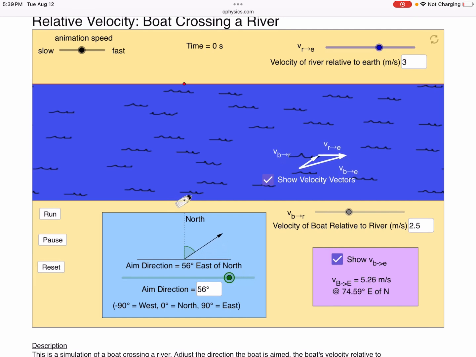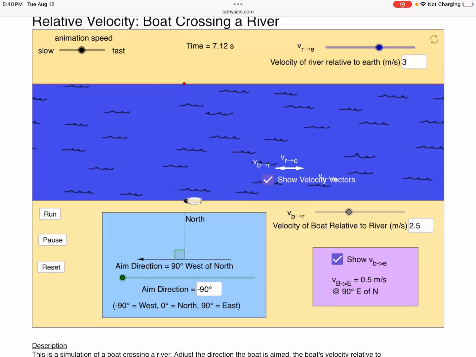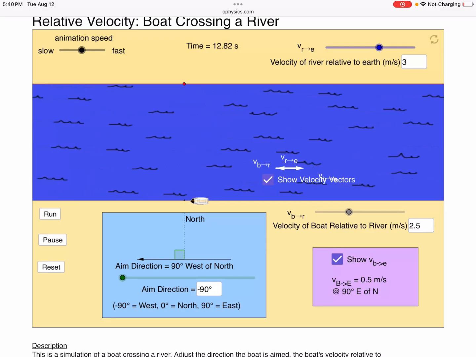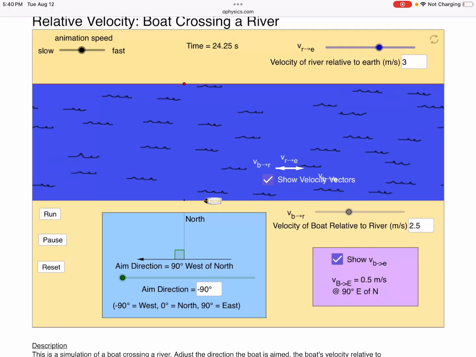Okay, now I'm going to try one more thing here. I'm going to aim the boat. Now nothing's changed about the boat. It still has its same engine and everything. So its speed is still the same. Its velocity is 2.5 meters per second, but now to the left. The river's still flowing to the right, so now watch how that looks, right? Our boat actually appears to be going, well, not only is it going slower, it's actually going backwards from the way it's trying to go, right?